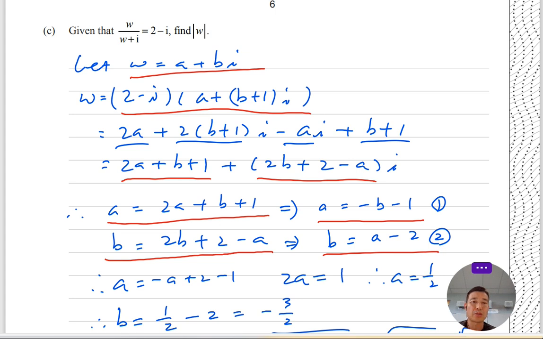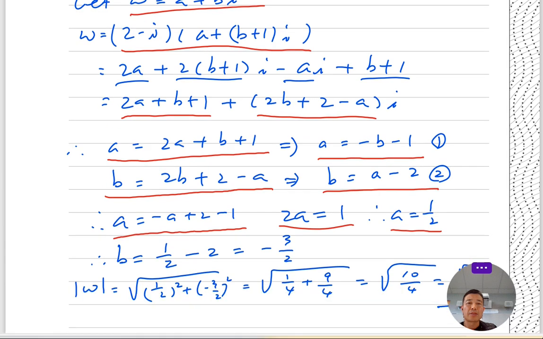So I'm going to use the substitution method to solve these simultaneous equations. So I plug a minus 2 into b. So that means a equals minus a plus 2 minus 1. 2a equals 1, and hence a equals half. Because a is half, b must be negative 3 over 2.